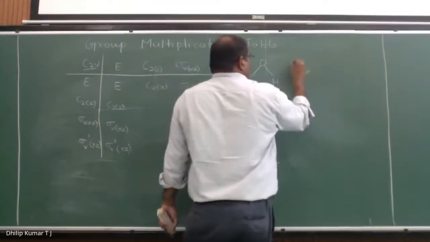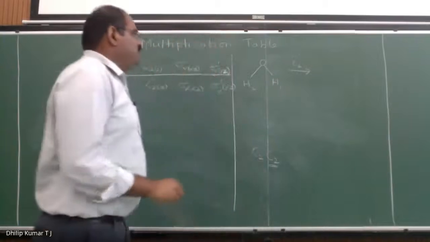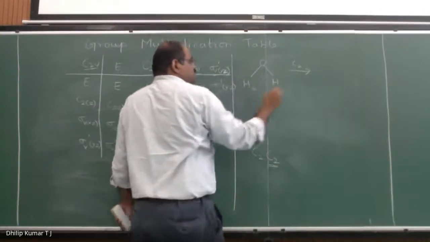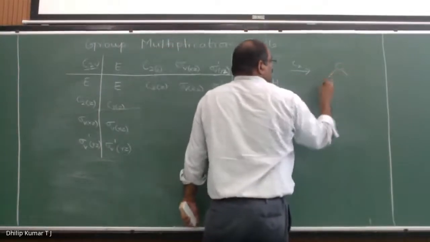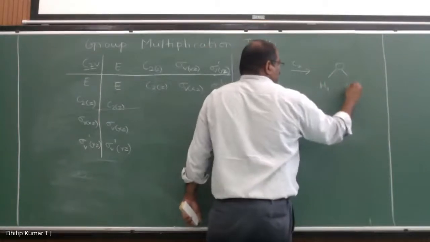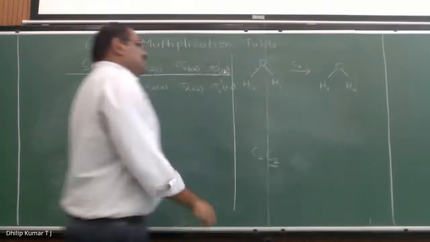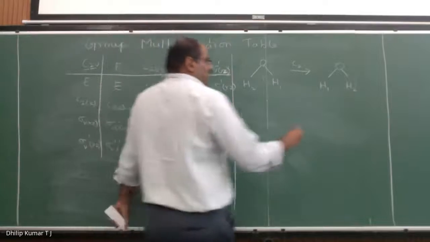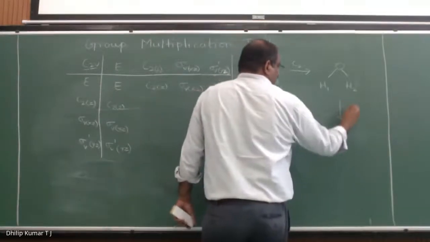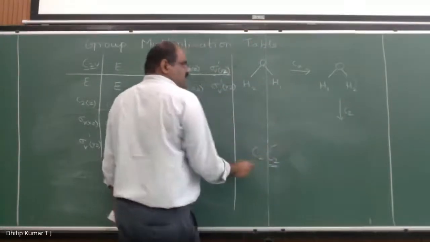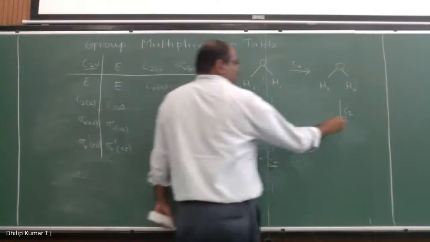Perform C2. To perform C2, what happens? This H will go to this side. The H will be interchanging its position. This is the first C2. Then you perform the second C2 operation on this molecule.